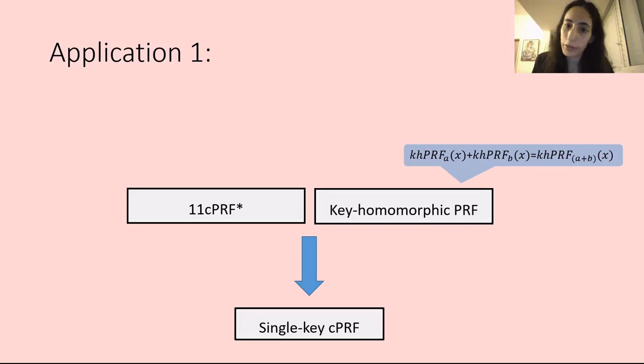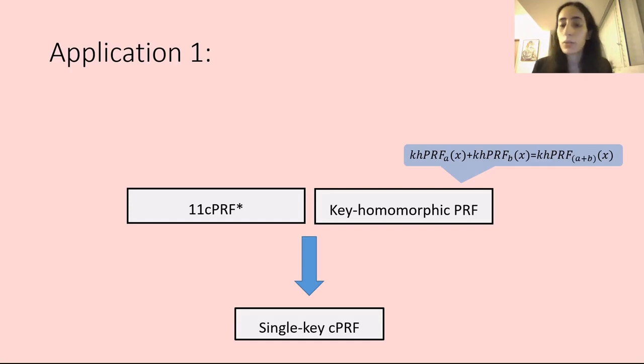We want a PRF such that if I have an evaluation with the seed A over the input X, and I also have an evaluation with the seed B over the input X, then if I sum them up, I will get a value that is equivalent to the value that I would get if I was first adding the seeds and then computing the PRF on X. And that should also work with multiplication by a scalar, so any linear evaluation over the PRF seed.